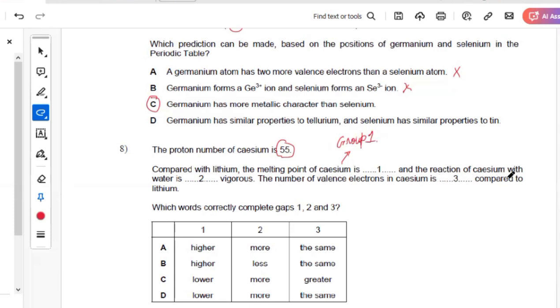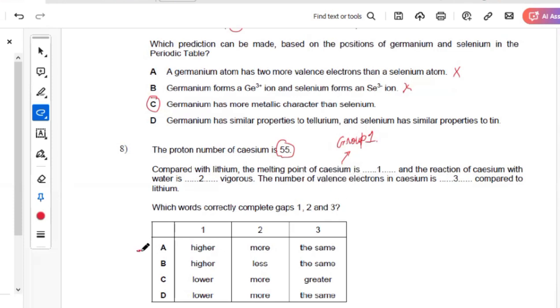And the reaction of potassium with water is dash. First of all, let's talk about the melting point of cesium. We have seen that the melting point in group 1 decreases down the group. So the melting point of cesium is lower.